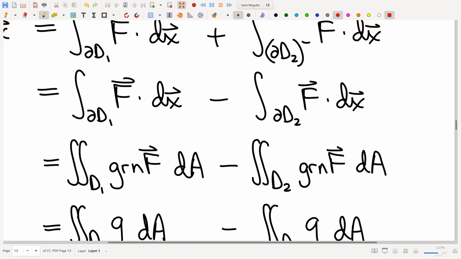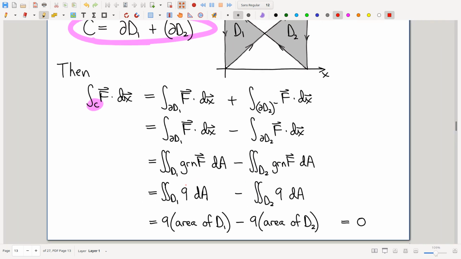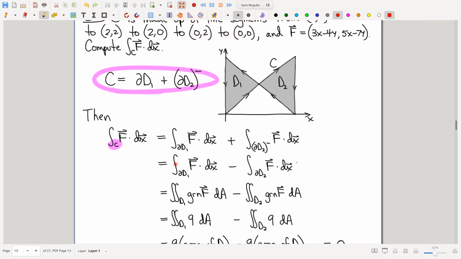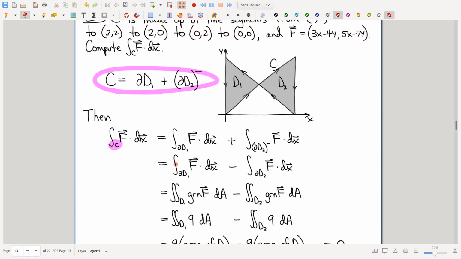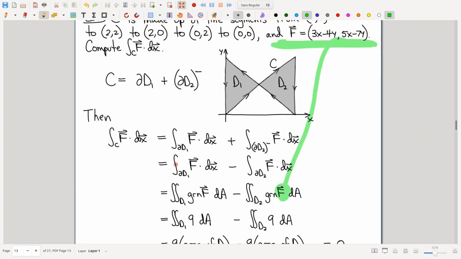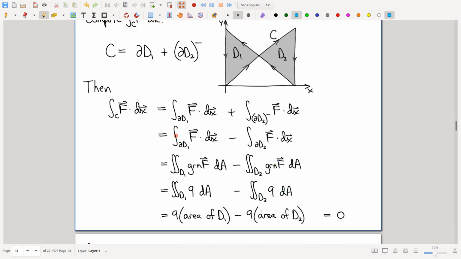Now we do have to compute Green's operator, but this works out really nicely. Green's operator is nothing to it. For this vector field, Green's operator is easily computed. It's just 9. Nice constant and everything. And so all together, I'm interested in this integral of 9 computed over D1, so 9 times the area of D1, and then over on the other side, 9 times the area of D2.